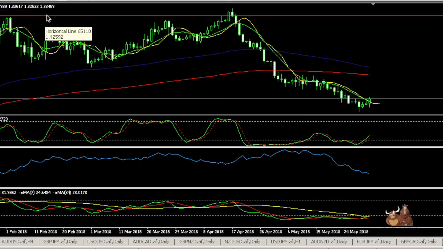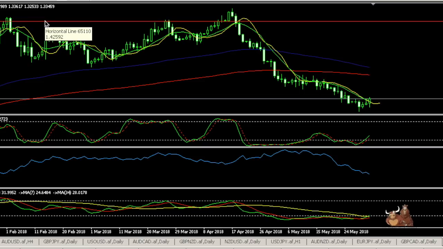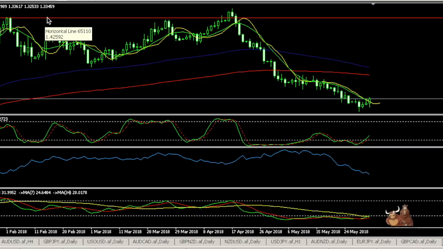So what you need to do is change the way you think about support and resistance levels. Instead of thinking about a very specific level, like you might have drawn your level here and said, right, here is the resistance level, it's this high here, 1.427, whatever it is.